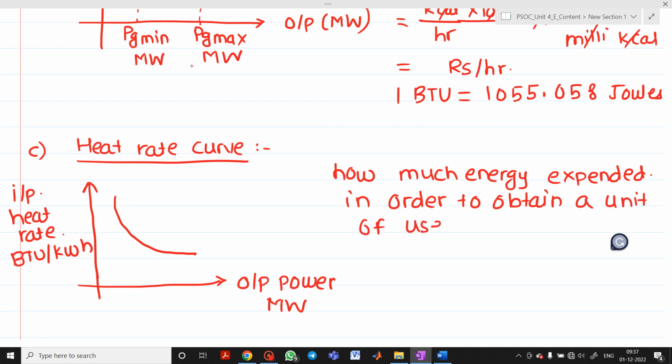Okay. So how can we define the heat rate? The heat rate is the ratio of fuel input in BTU per hour to the corresponding output in kW.